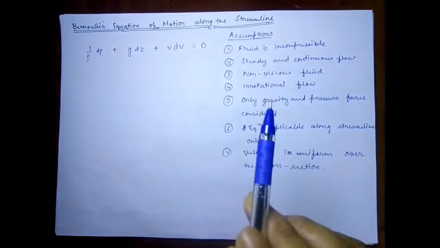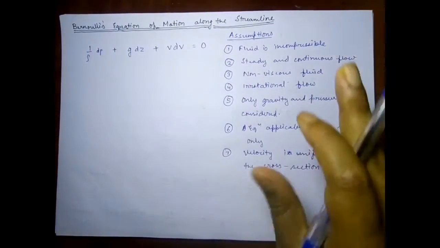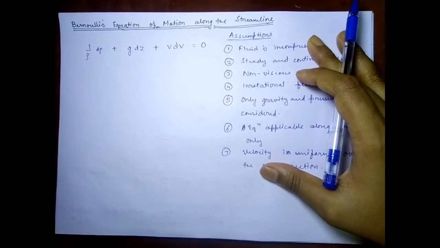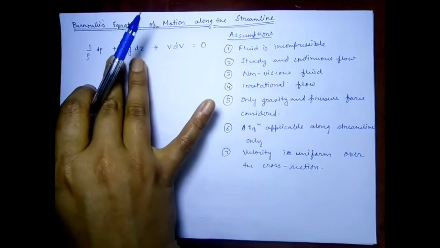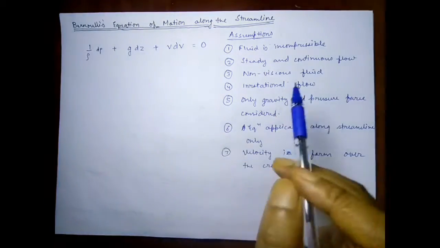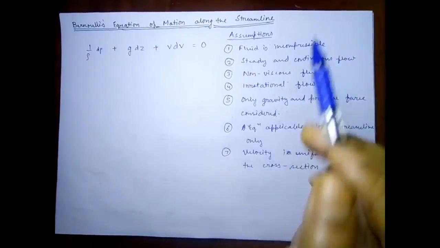and he gave his equation of motion along the streamline with his own assumptions, and he used this particular Euler's equation of motion. Now what he assumed, that the fluid is incompressible.